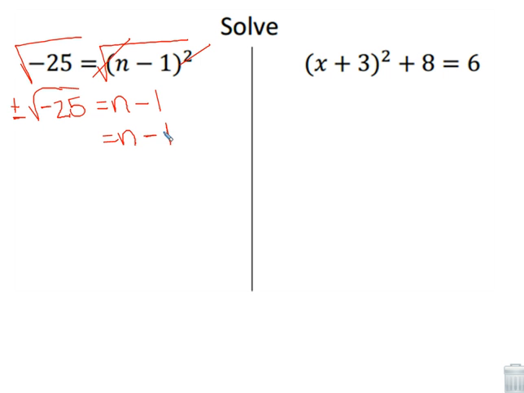Now again, this is our imaginary number coming into play because we have a negative on the inside of the square root. That cannot happen. The square root of a positive 25 happens to be 5, but remember, since it's negative, we need that i. Now, what I did right there is the shortcut way to figure out these imaginary numbers, but you can absolutely break it apart into the square root of -1 and the square root of 25.